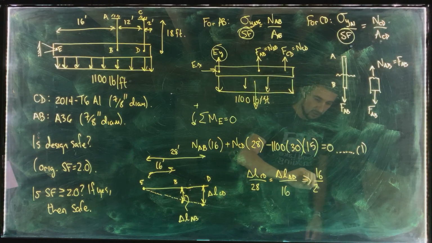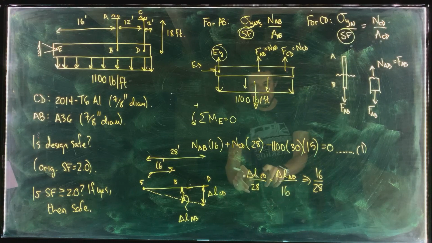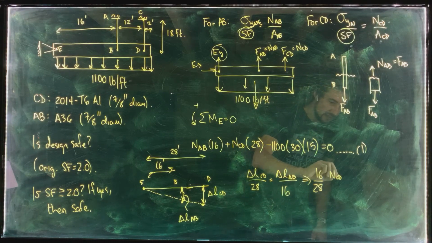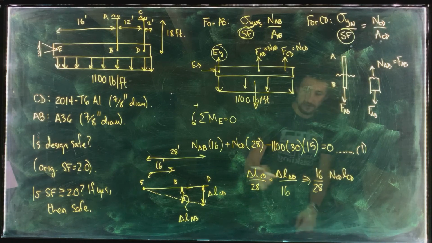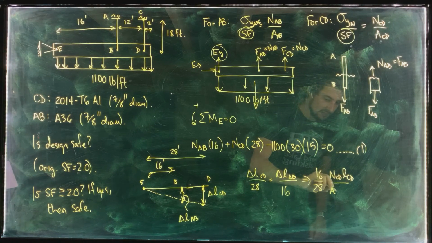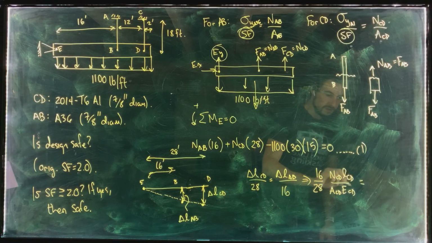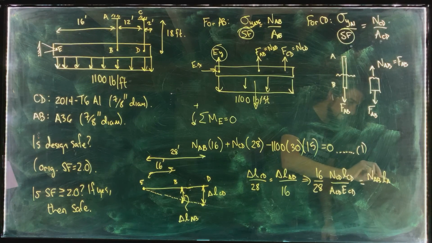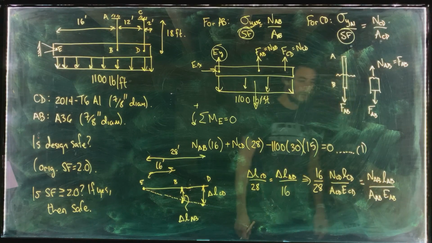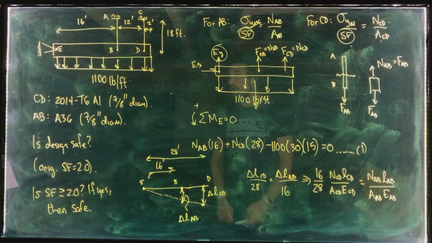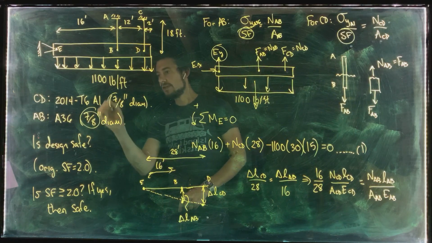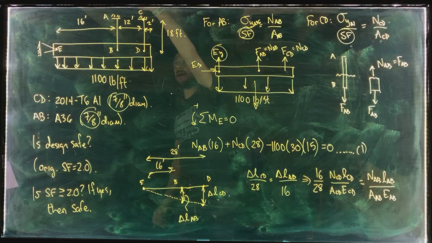So we've got 16 over 28 multiplied by delta L CD. What's delta L CD? Delta L CD is NCD L CD over A CD E CD, equals delta L AB, which is NAB L AB over the cross-sectional area, A AB, and E AB as well.